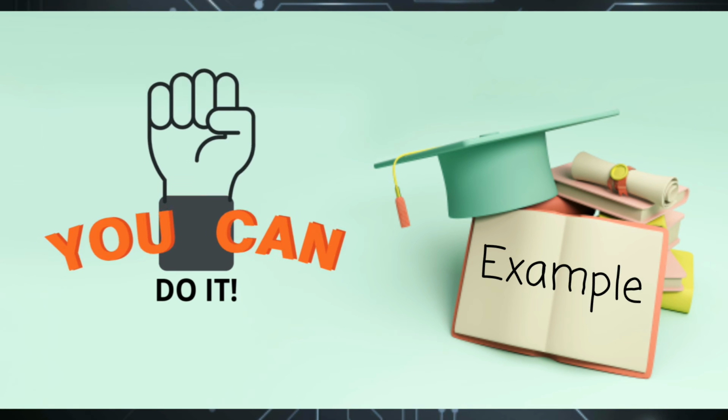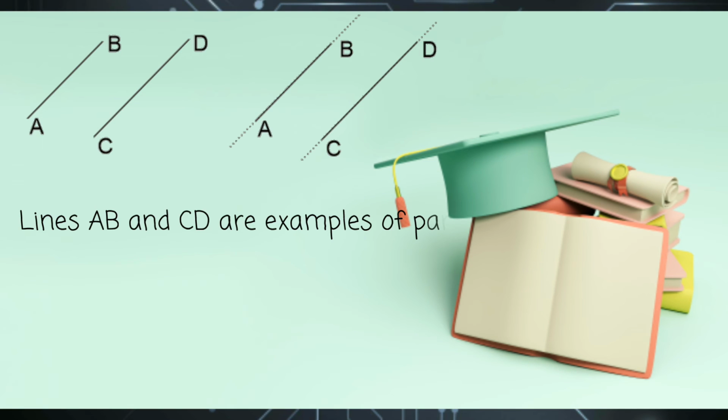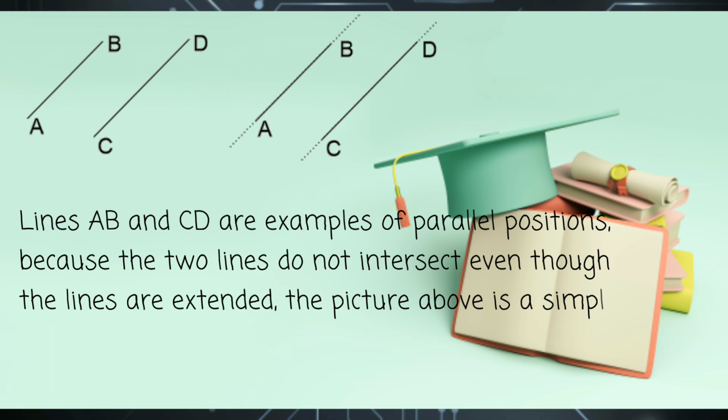Let's go to the example. Lines AB and CD are examples of parallel positions because the two lines do not intersect even though the lines are extended. The picture above is a simple example of parallel lines.